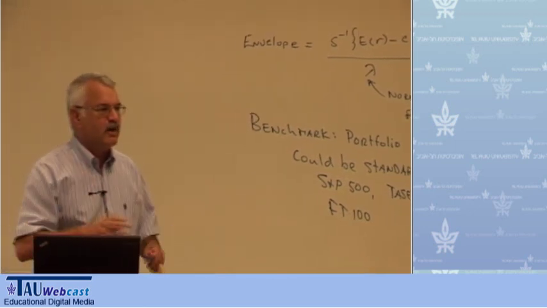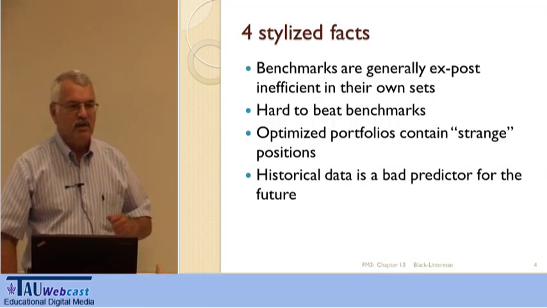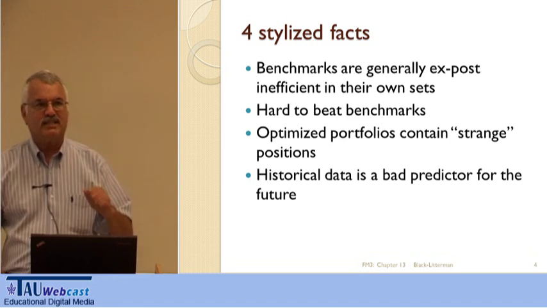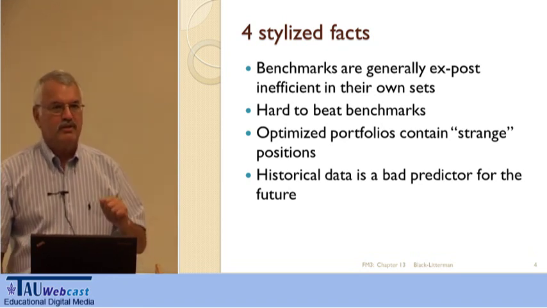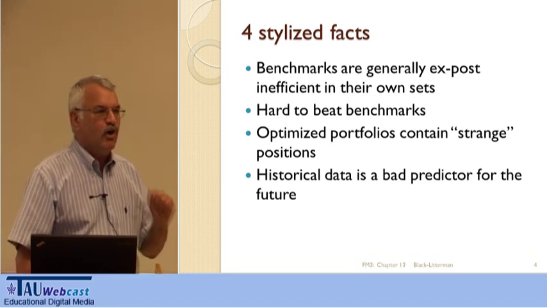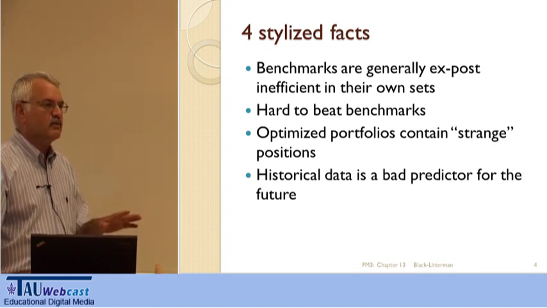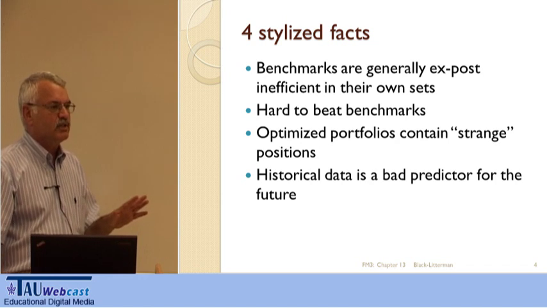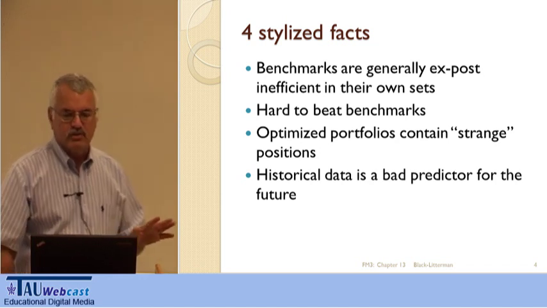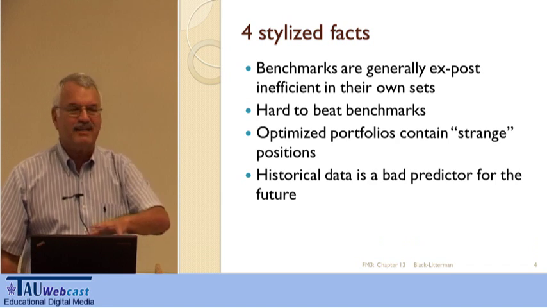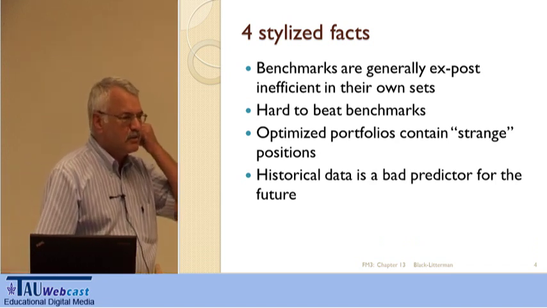Okay, so I'm going to go over the facts. The first fact says benchmarks are generally ex post inefficient. The second fact says it's hard to beat benchmarks. The third fact says that optimized portfolios contain strange positions, which I've already talked about.